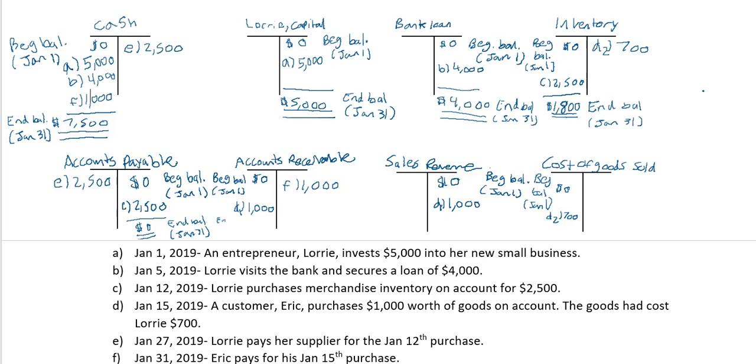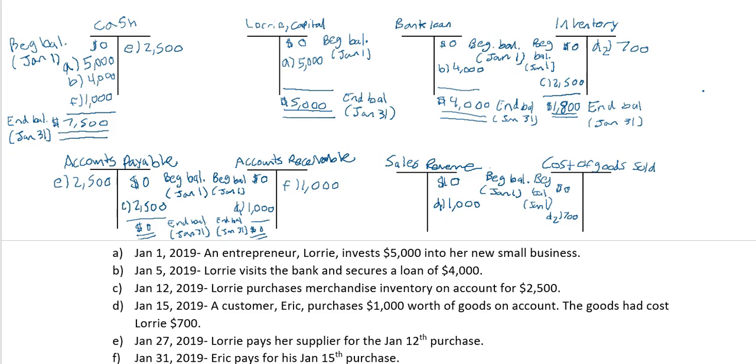So we'll have our end balance of 0 on the natural debit side, with this being an asset account.